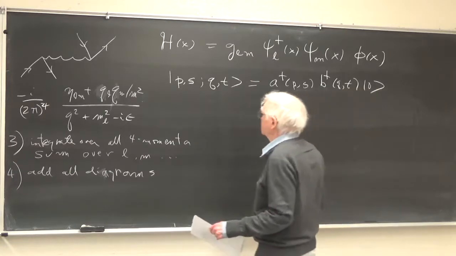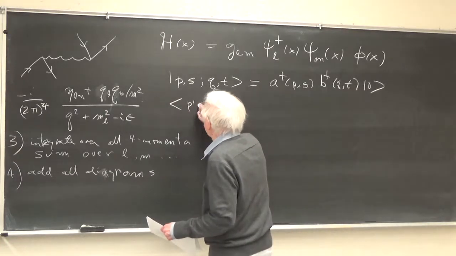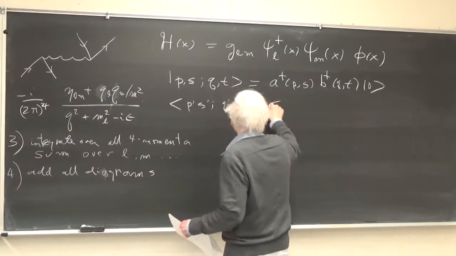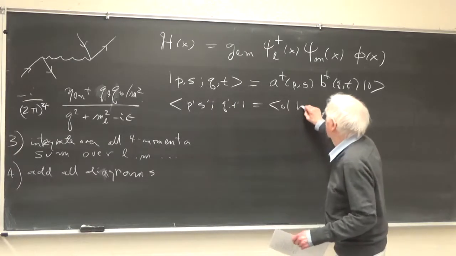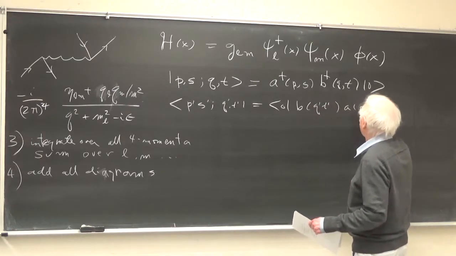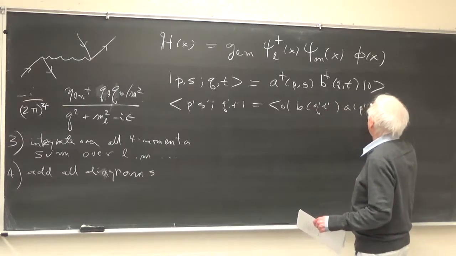Okay, so that's the initial state. The final state is p prime, s prime, q prime, t prime, and this is vacuum b of q prime, t prime, a of p prime, s prime.